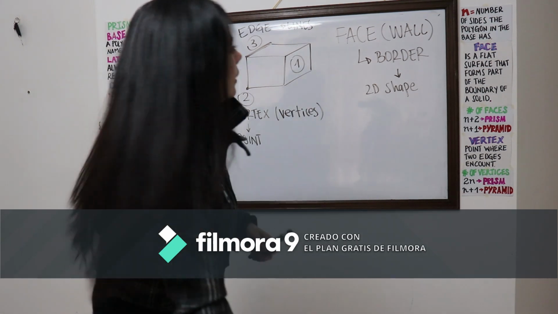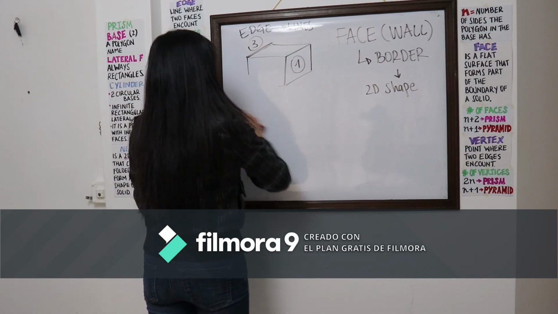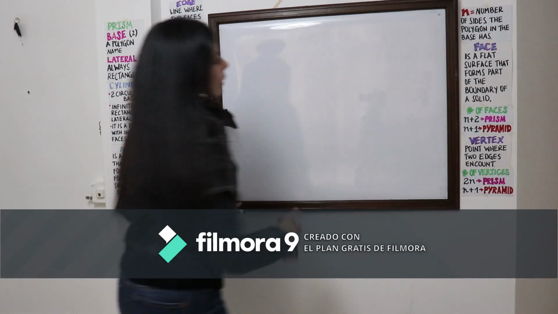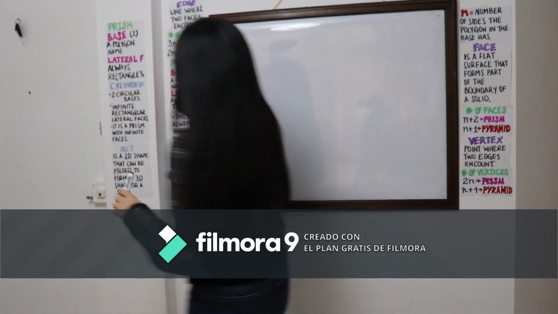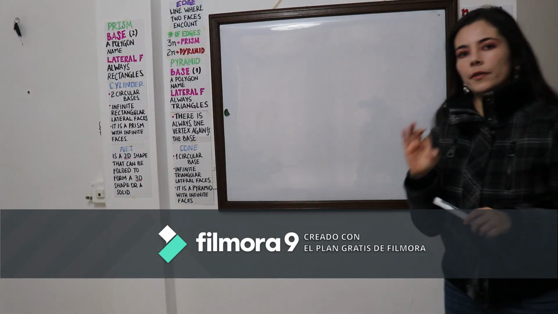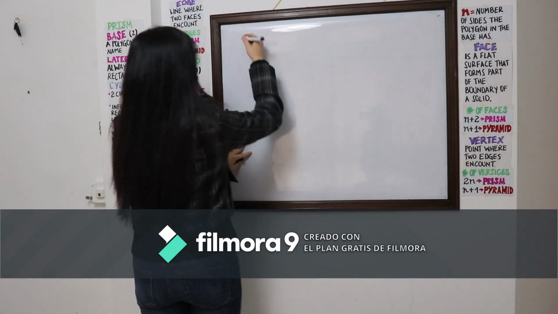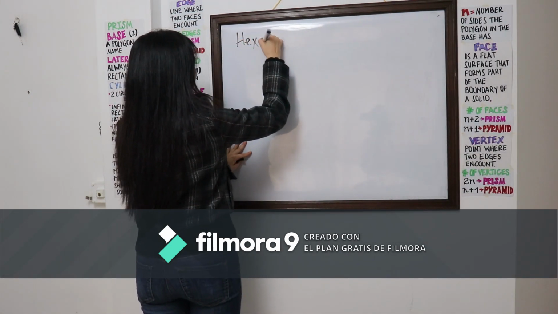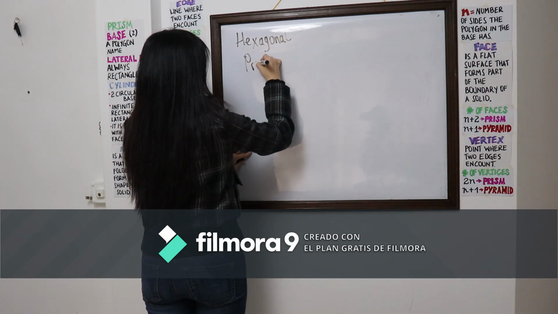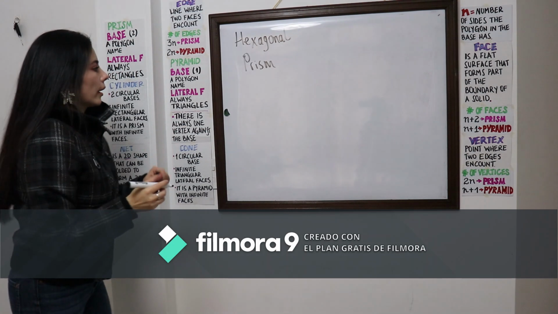All right? Let's go with prisms and pyramids then. If you think about pyramids and prisms, they both are solids, of course. Now, they have very specific features. I want to talk about a hexagonal prism here. How is that going to be?